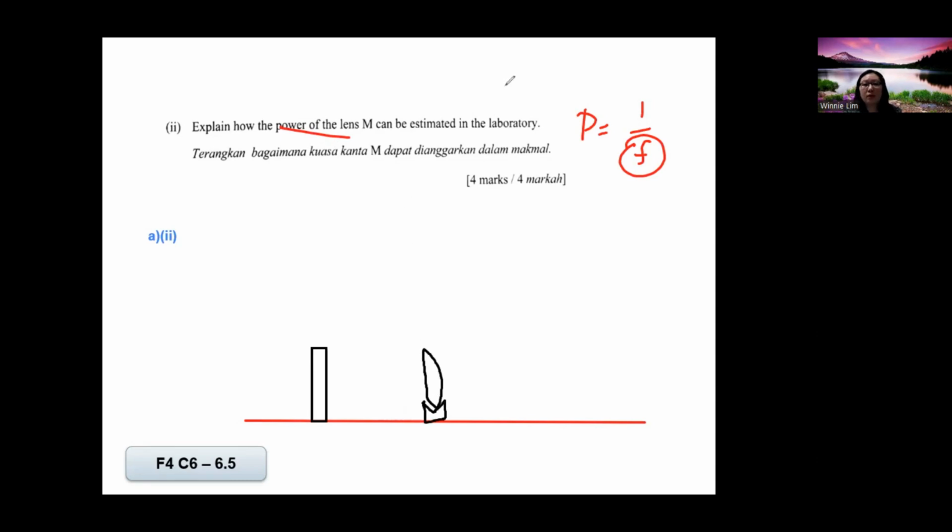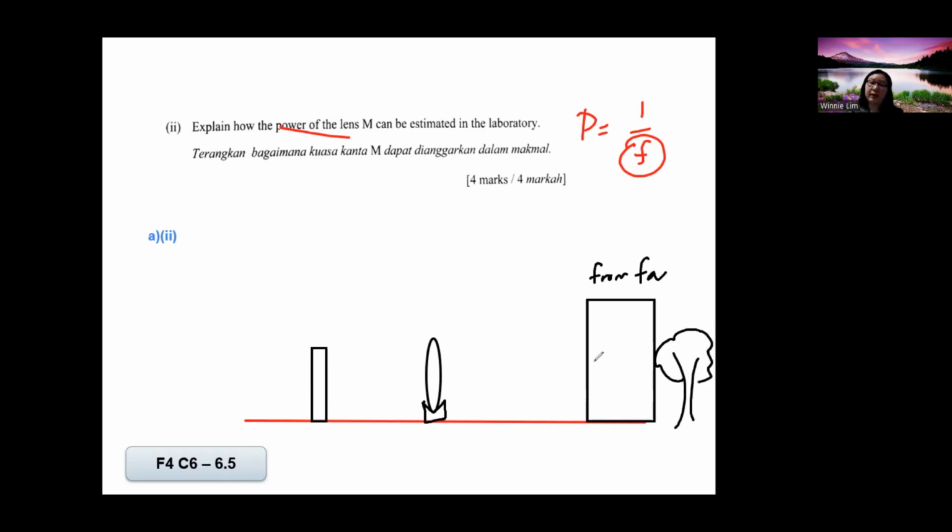Then what you do is you face the lens towards an object at a distance. For example, this is a window, outside you can see, for example, a big tree, any object.